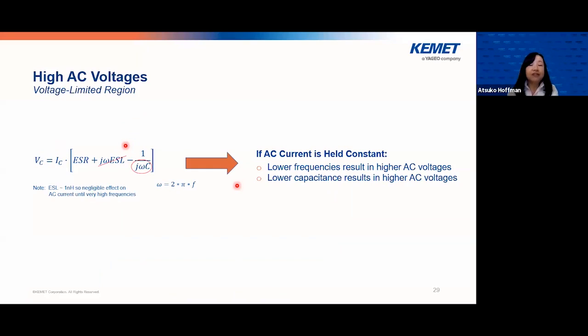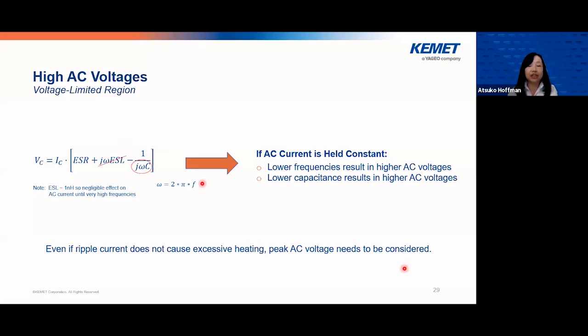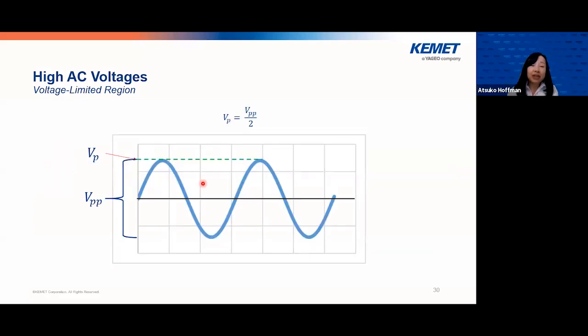So even if ripple current does not cause excessive heating, peak AC voltage needs to be considered in this region. Just a quick reminder, the RMS voltage is equal to the peak voltage divided by square root of 2.